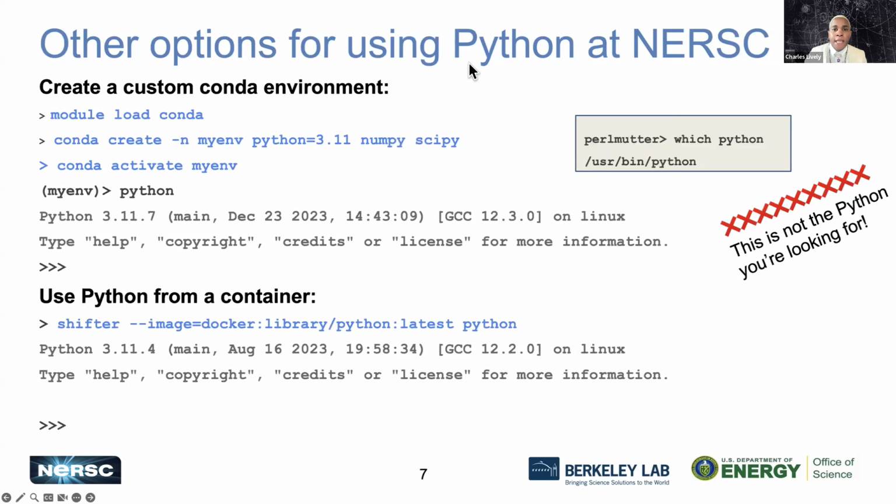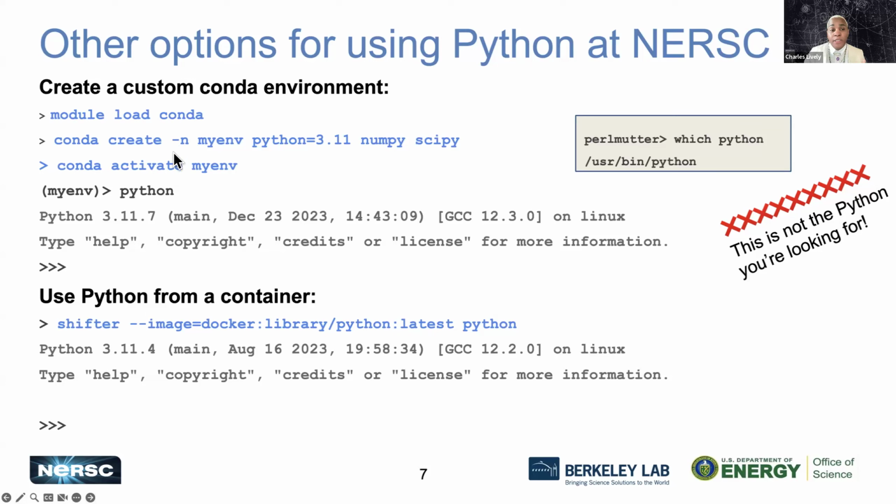So, how do you create your own custom Conda environment? It's very simple. These commands give you a quick overview of what you need to do in order to create that. Again, starting with module load conda, and then you want to do the conda create command.